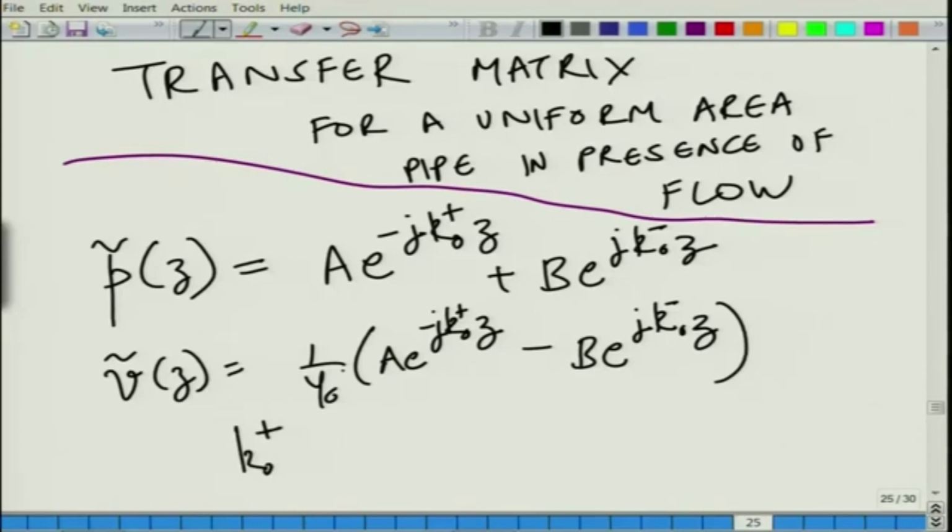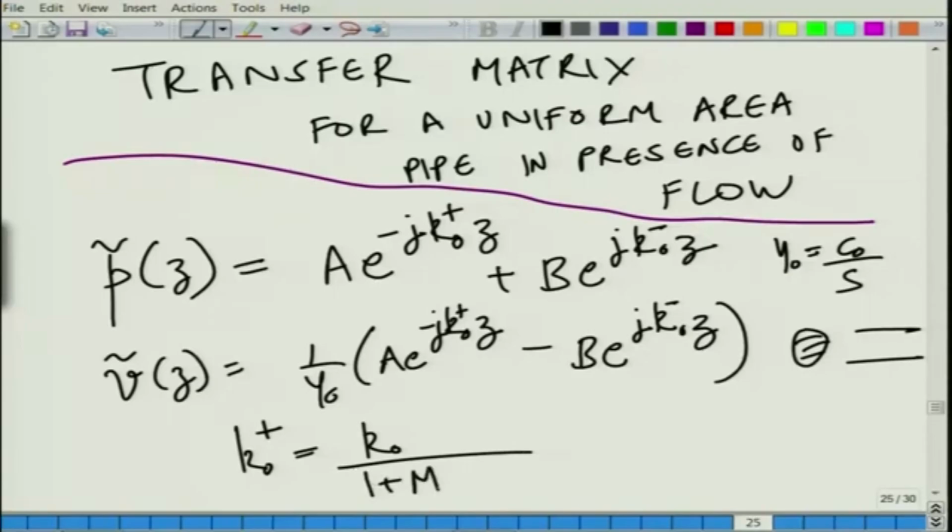There is no change in Y naught. Y naught is nothing but sound speed divided by cross section area of the duct, C naught by S, and K naught plus is nothing but wave number K naught into 1 plus m. K naught minus is K naught into 1 minus m naught. So, basically what do we do with this expression?